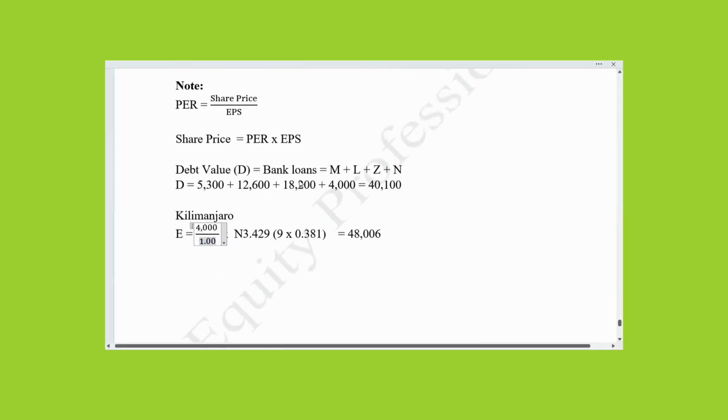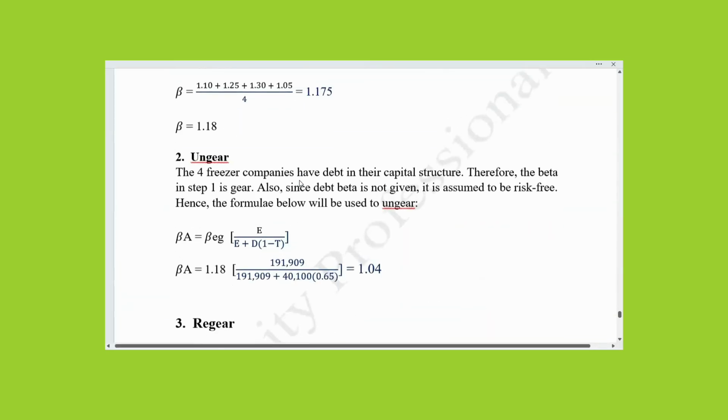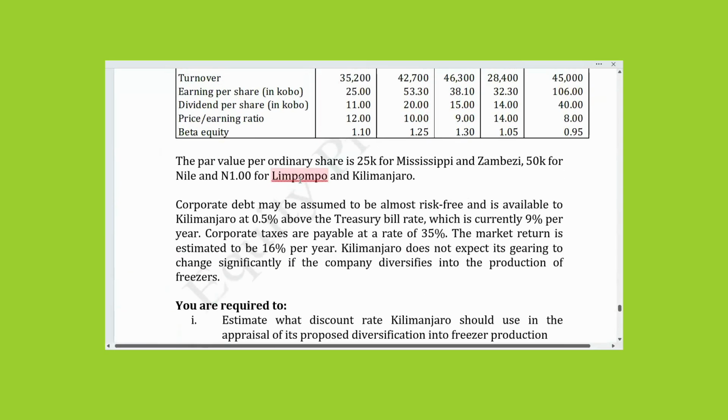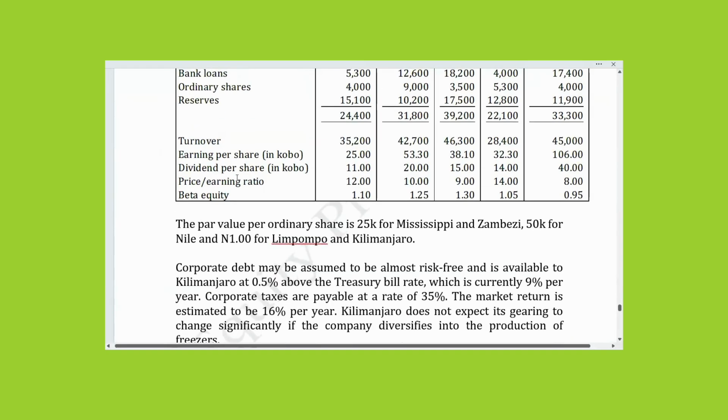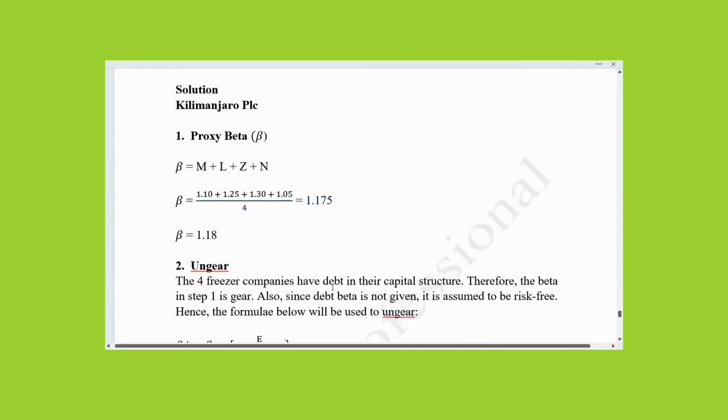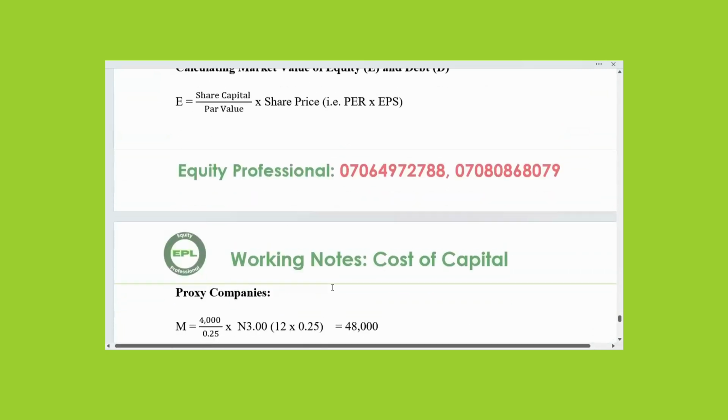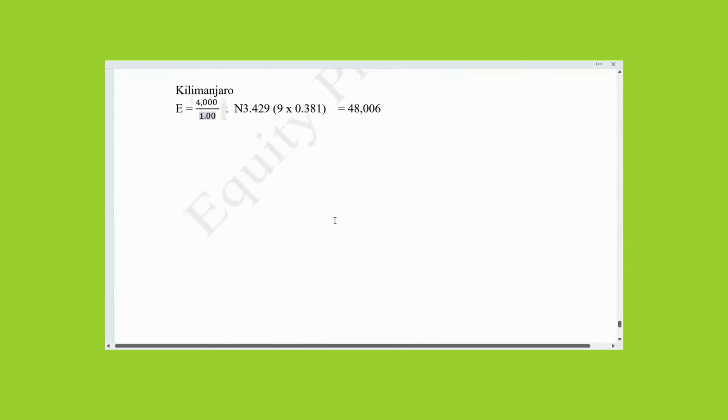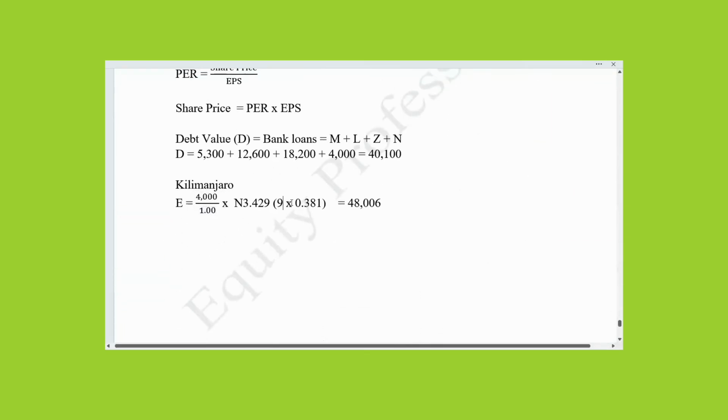Then we need to calculate the share price of Kilimanjaro. How do we do this? The same way. The price earning ratio of Kilimanjaro is 8 times. Then earnings per share is 1.06, that is 106 divided by 100. So 8 multiplied by 1.06. What do you have? 8.48.